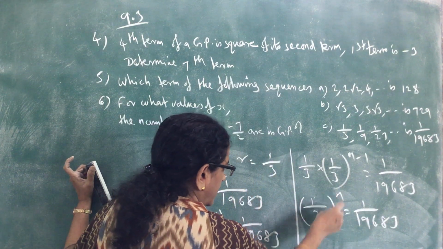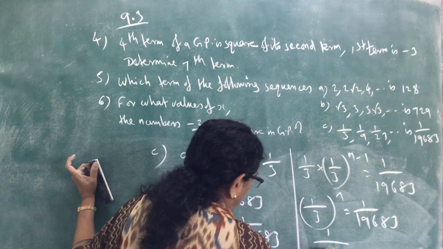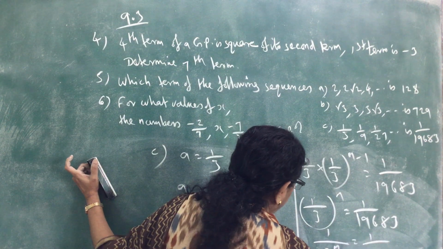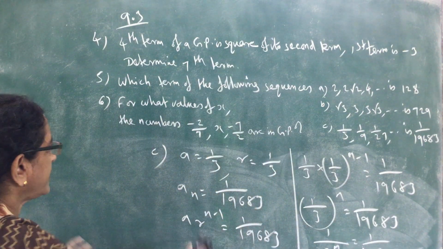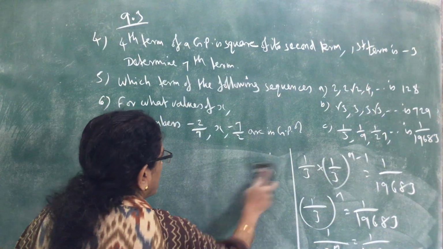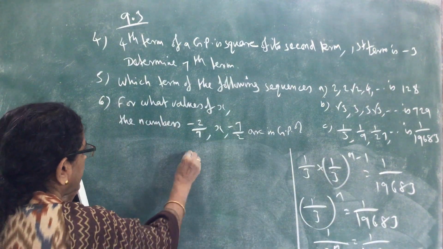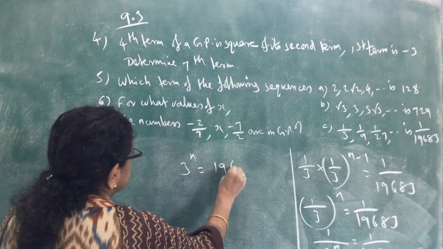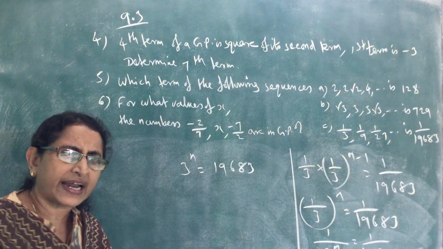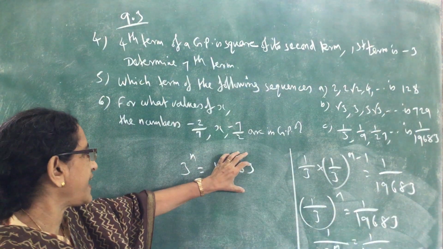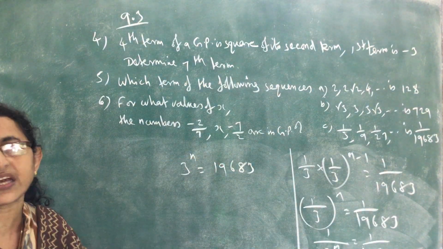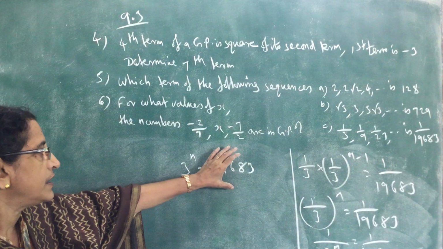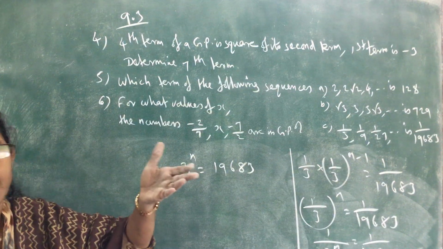So 3 raised to n equal to 19683. Now write again 19683 as a power of 3. Then we can equate the powers. Find the answer. Factorize this number and write as a power of 3. Then find n here.